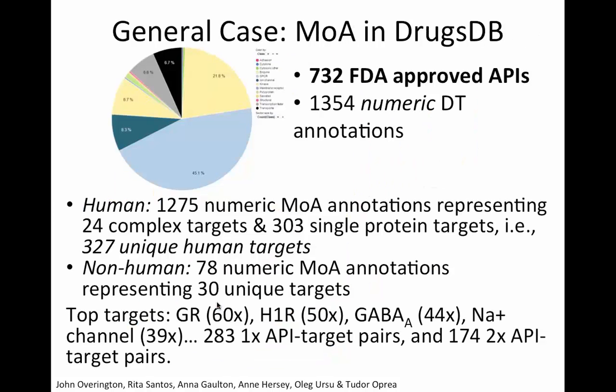We have about 700 FDA-approved APIs that we map back to 1,300 numeric annotations. Most of them are human, some of them are non-human, and of course the non-human reflects antibacterial activities, but the human ones reflect the multiplicity of targets that are typical for drugs. And then on the top targets, we have things like the glucocorticoid receptor, histamine H1 receptor, GABA A. This is your typical benzodiazepines, sodium channels, etc., etc.